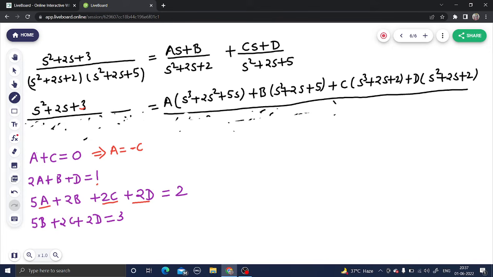Now 2A plus B plus D. If we look at this, what was this? Coefficient of s square. So the s square coefficient is 2A from here, B from here, and why are you not getting any s square term here? If you multiplied this, you would have got C into s cube plus 2s square here.